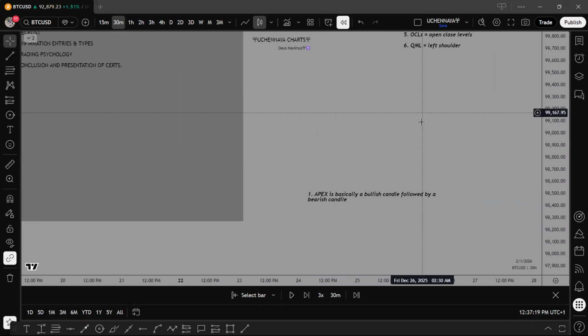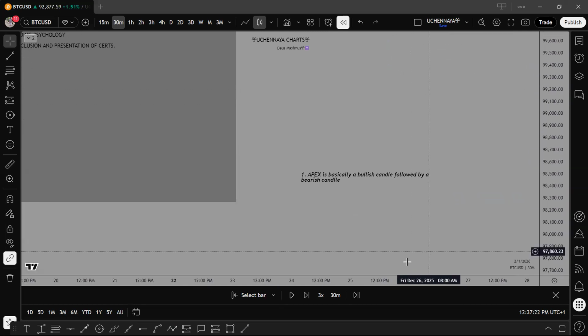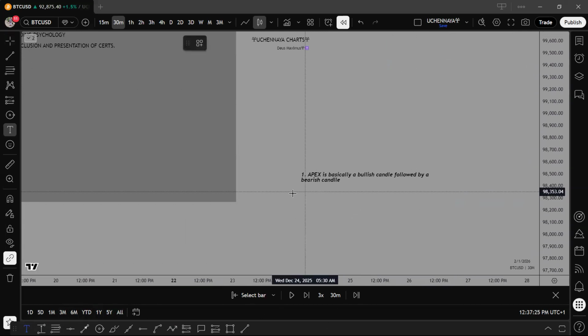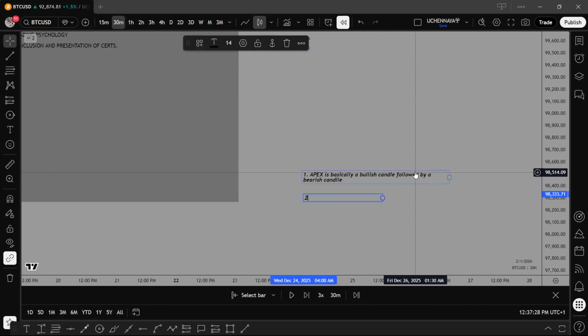A valley level, or V level, is basically a bearish candle followed by a bullish candle.